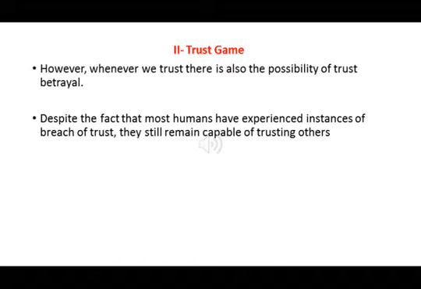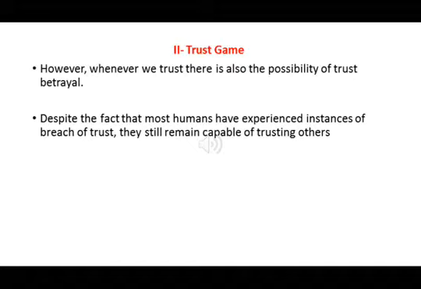However, it should be clear that whenever we trust, there is also the possibility of trust betrayal. We should be aware that whenever we trust each other, there could be a possibility or a probability that others betray our trust.